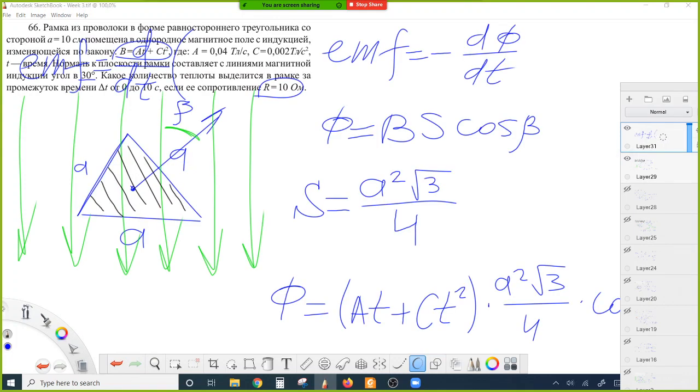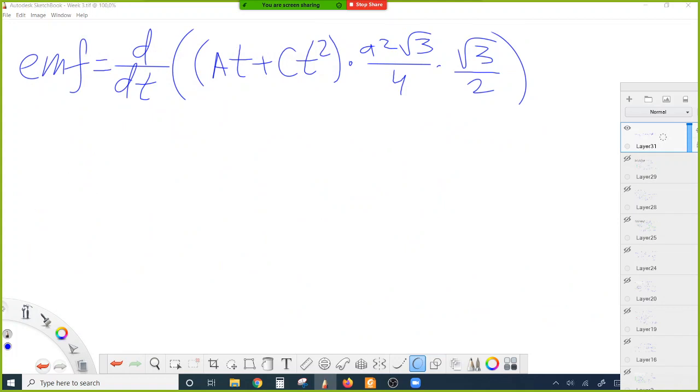So phi is equal to AT plus CT squared multiplied by A squared square root of 3 over 4 multiplied cosine 30 degree, well, cosine 30 degree, if I'm not mistaken, square root of 3 over 2.